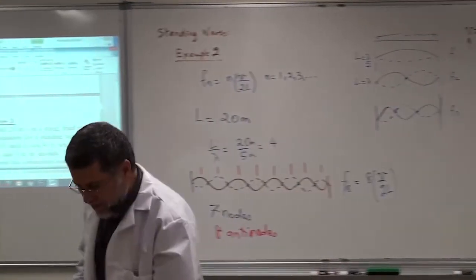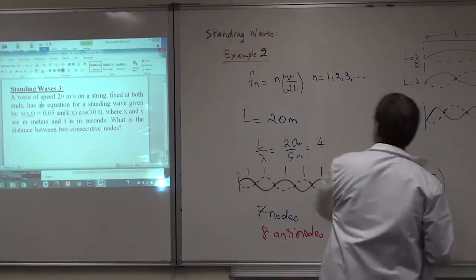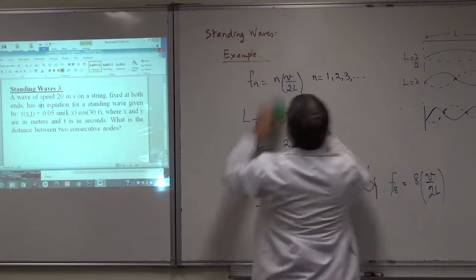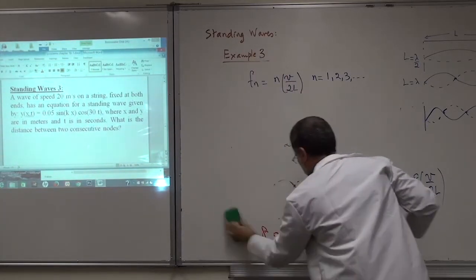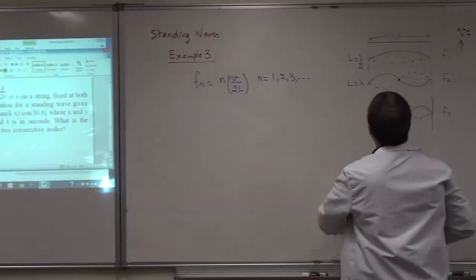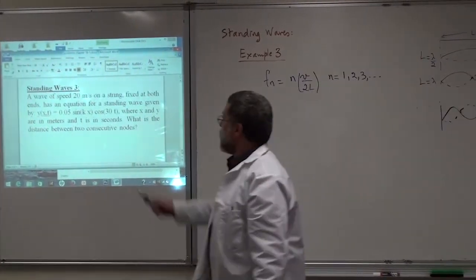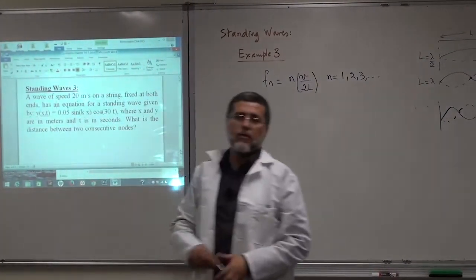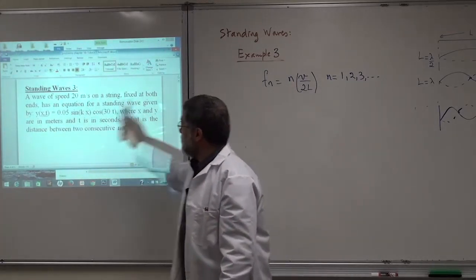The next problem is example 3. Let's look at example 3 now. Example 3 says a wave of speed 20 meters per second on a string fixed at both ends.